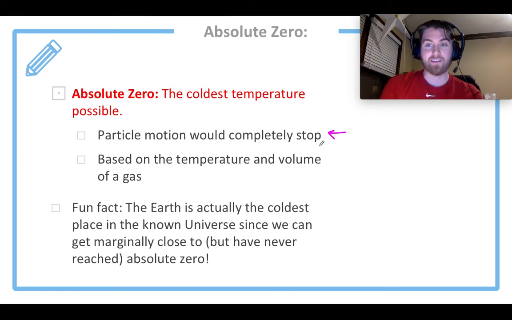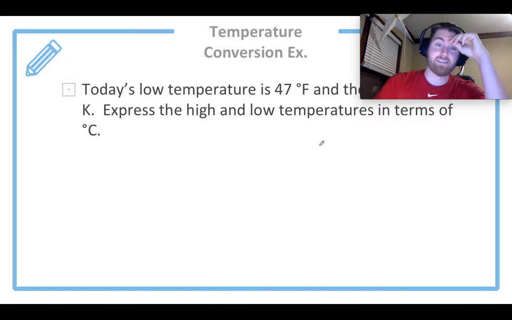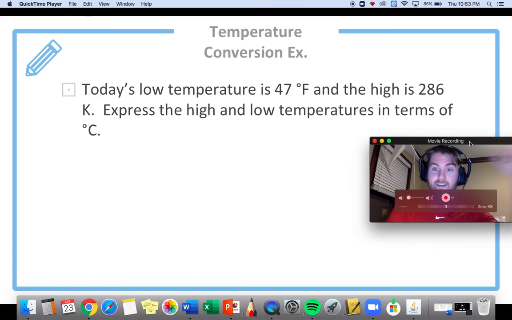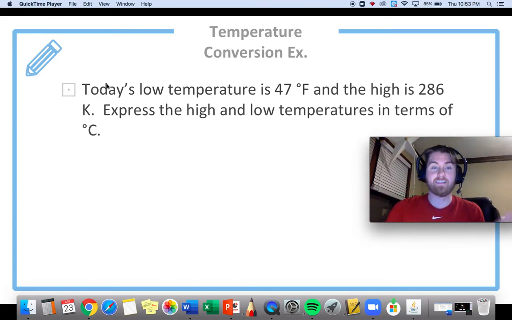So, first, let's try one problem by ourselves, and after we do our problem, then we'll call it a day. Our problem is that today's low temperature is 47 degrees Fahrenheit, and the high is 286 Kelvin. I want to express both the high and the low temperatures in degrees Celsius. So let's do this together.